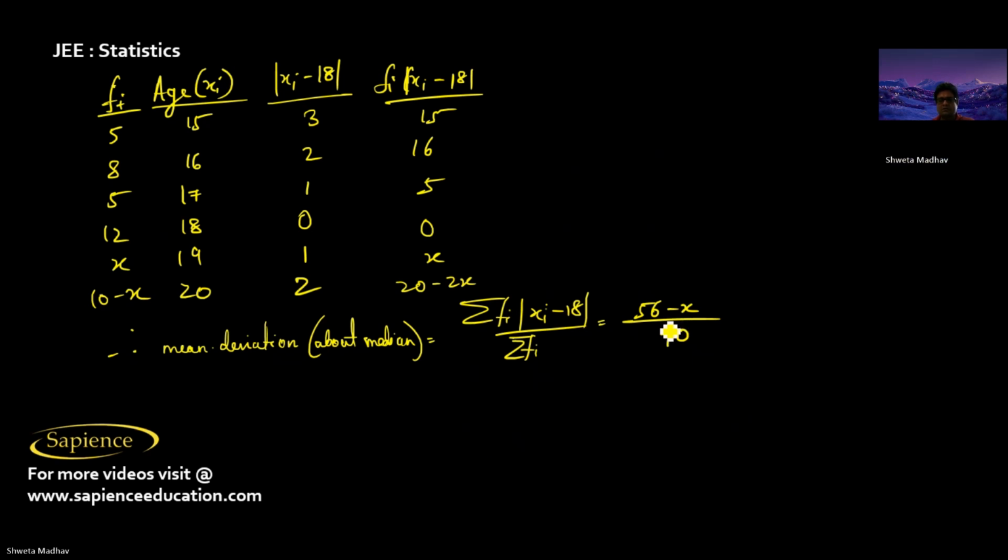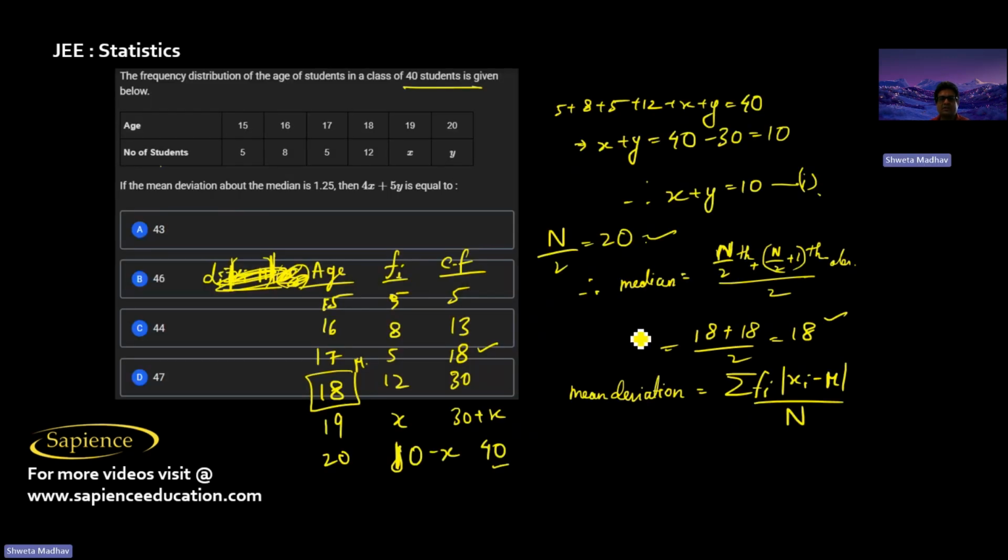So 56 minus x divided by 40 is equal to 1.25. Then we have to find out x.